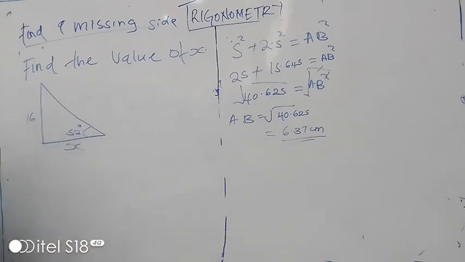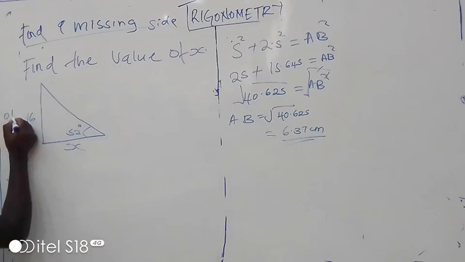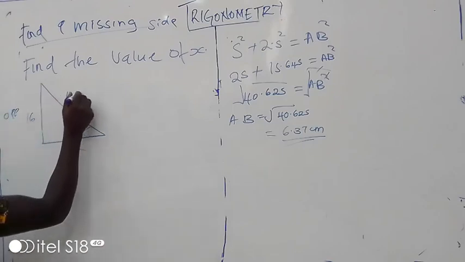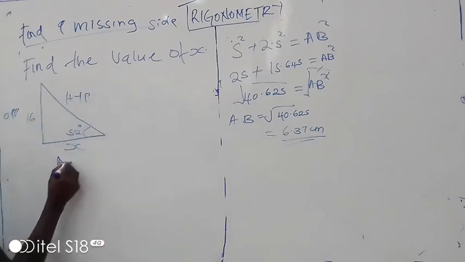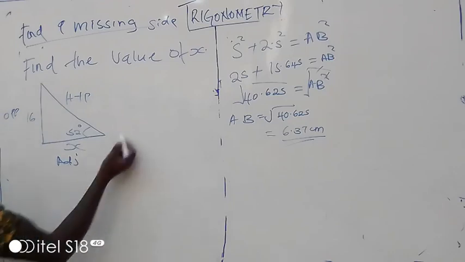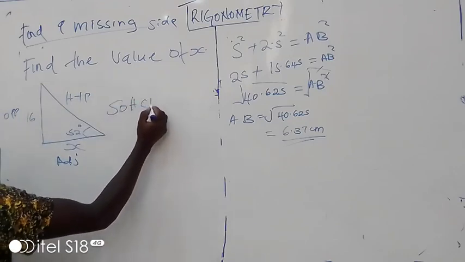Since we are still considering this angle, this is our opposite, this is our hypotenuse, and this is our adjacent. Now we can use the concept of SOHCAHTOA.